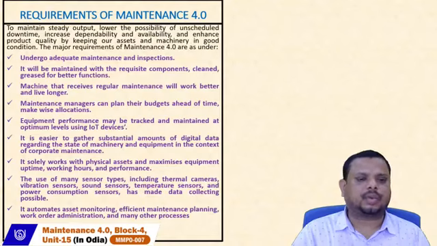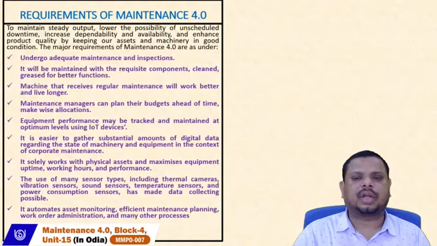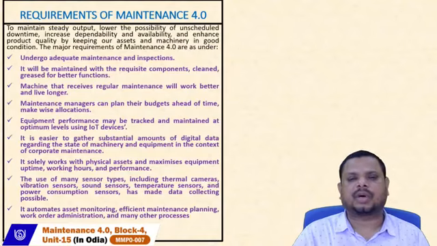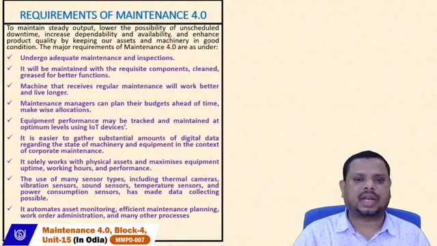The next most important factor of maintenance 4.0 is dedicated to utility consumption or power consumption. That is why whenever you go to a large thermal power plant or hydro power plant, they install a large number of power consumption sensors, and these also support collecting large sets of data for analysis for better decision making.